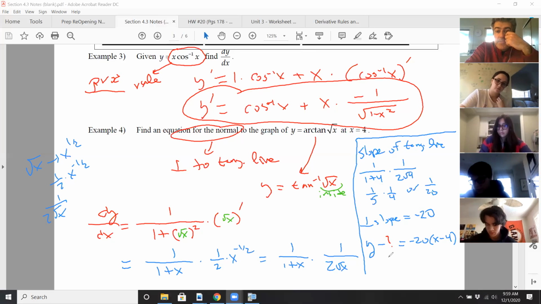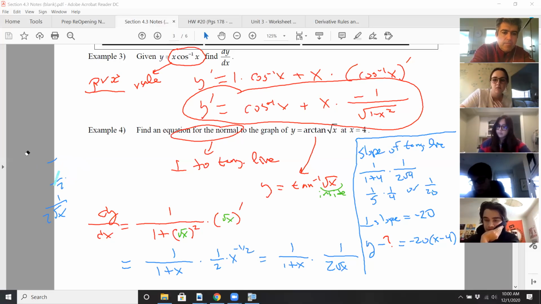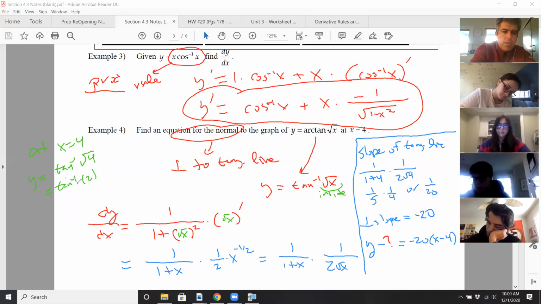So we got to do the inverse tan to figure out what that is. Let me do that off to the side here. That's not something you can do in your head, just so you know.